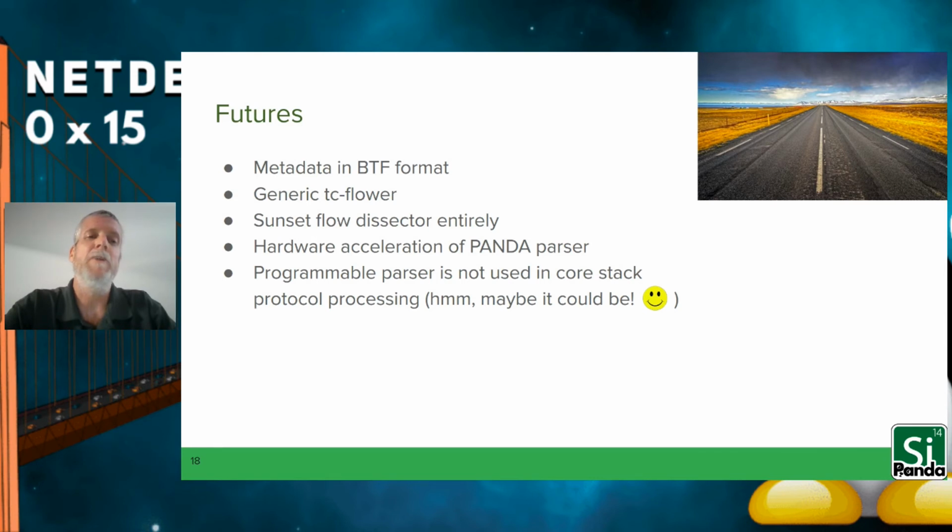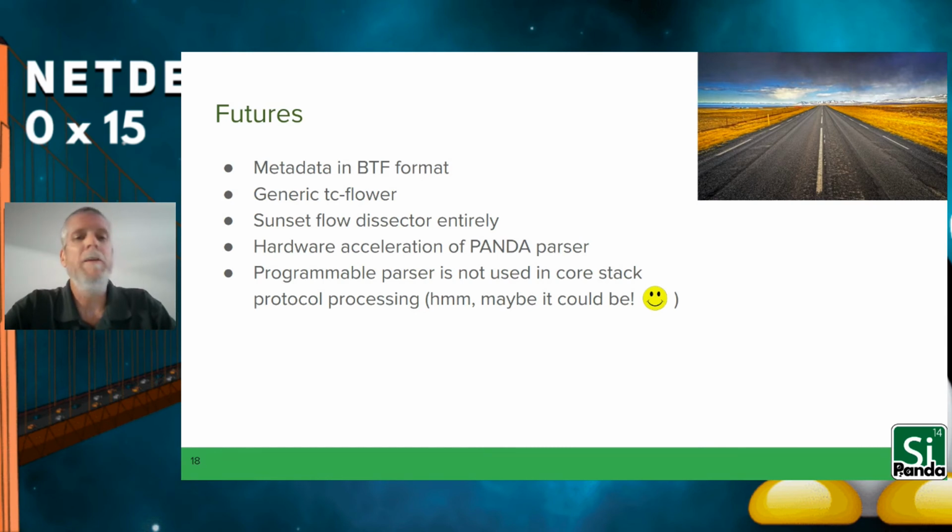It may take a little bit of time, but I think it would be great to somehow sunset flow dissector. I mentioned hardware acceleration a couple of times, so I'm not going to cover this too much more. But I would point out one nice thing: if we do get to generic TC flower, then extending that into TC flower offload would be somewhat of an obvious direction to go.